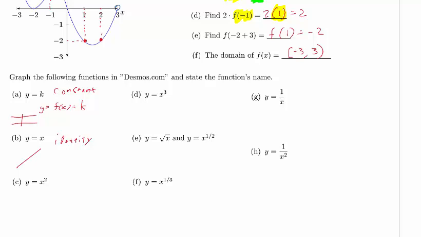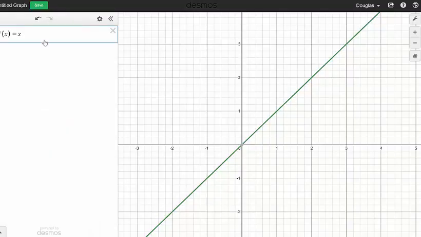Next, the square function. I apologize for the resulting handwriting there, but that says square. Let's take a look at the graph now.